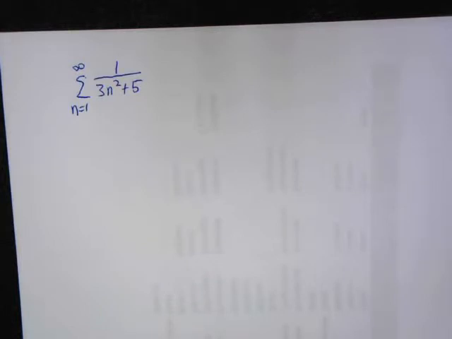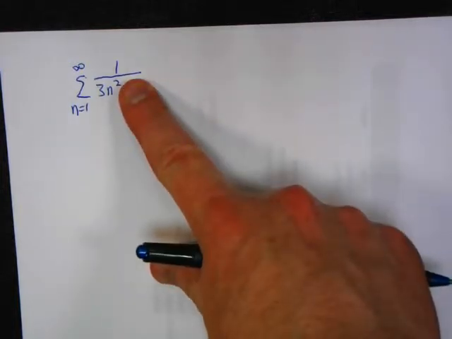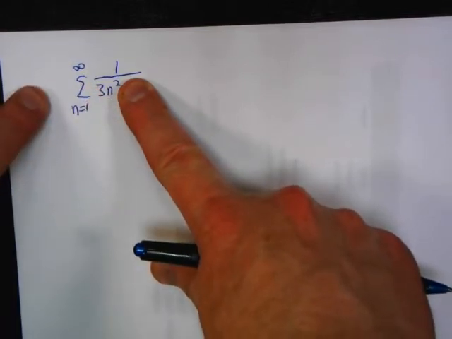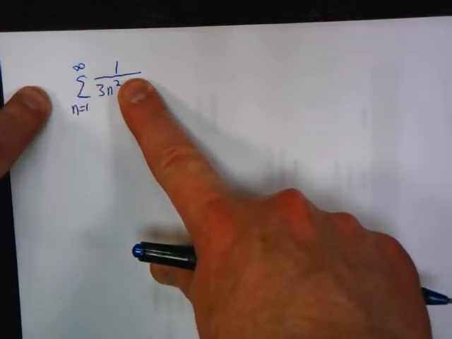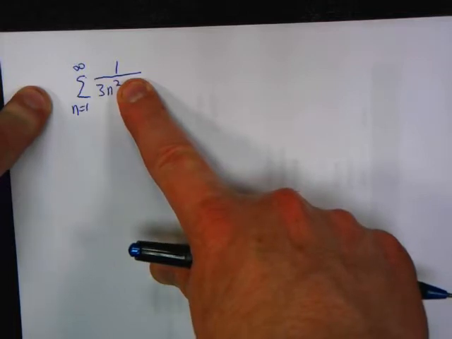Which geometric? Never mind. P series, which P series? 1 over 3n squared. Except this 3 we could really just pull out, couldn't we? So really we compare it to 1 over n squared.